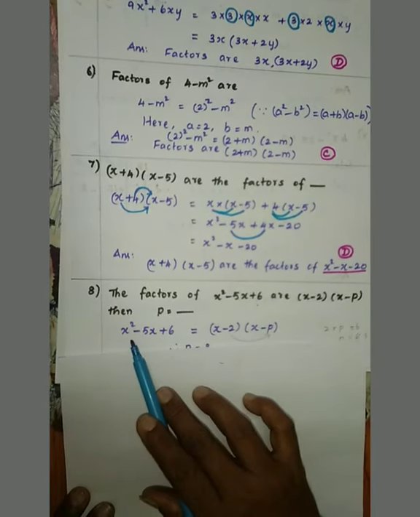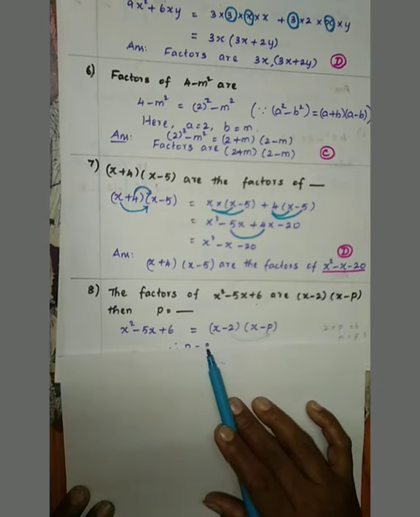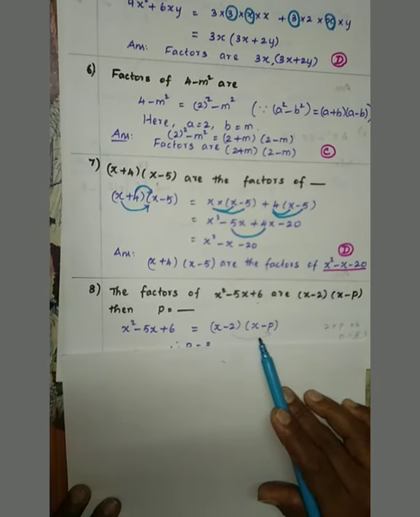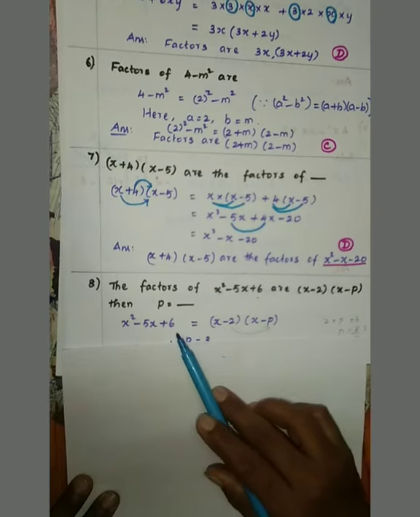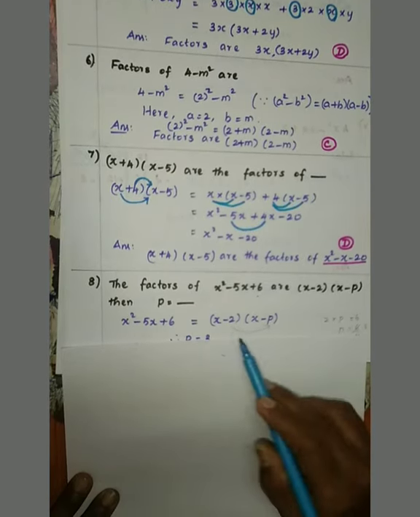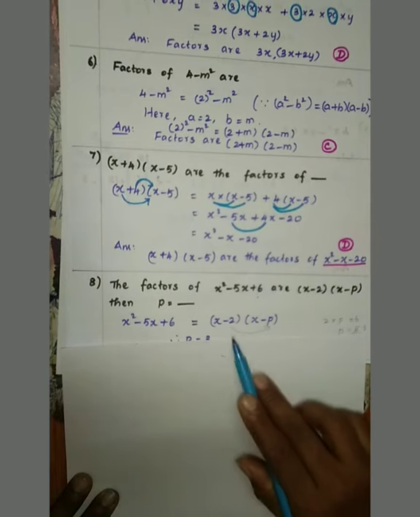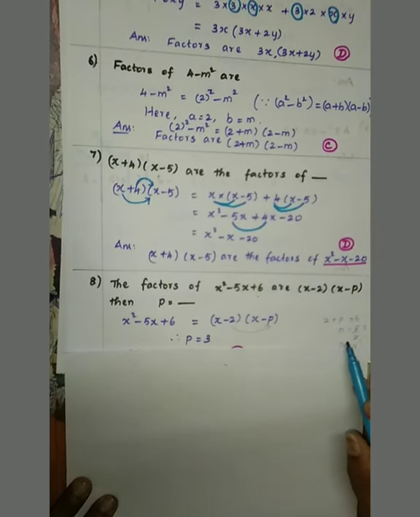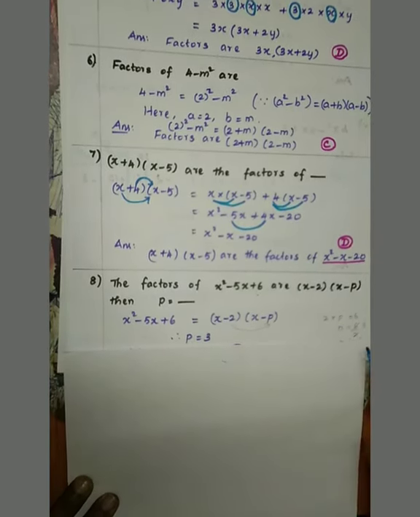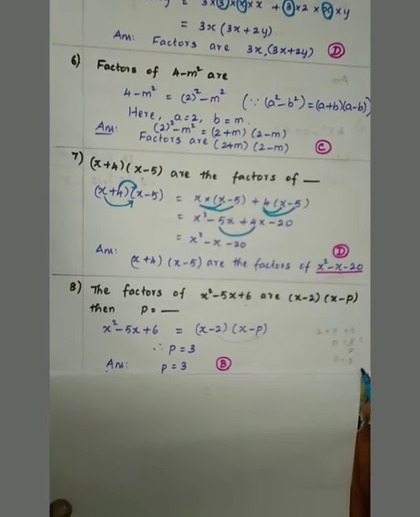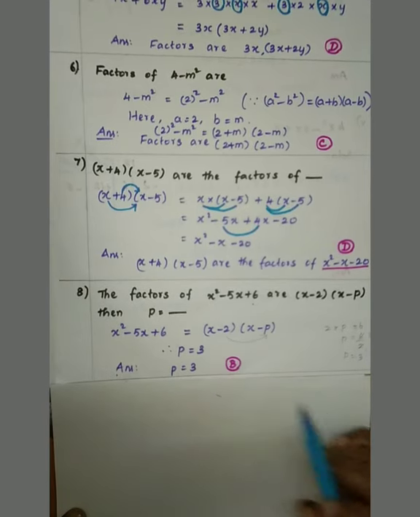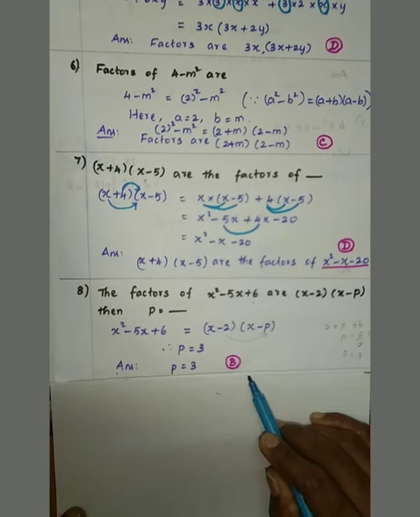When you multiply the last two numbers, you get the product. Here 2 is given, so 2 into p is 6. So p equals 6 by 2, so p equals 3. Therefore the p value is 3. So the correct option is B.